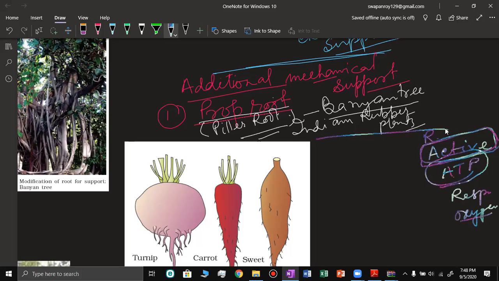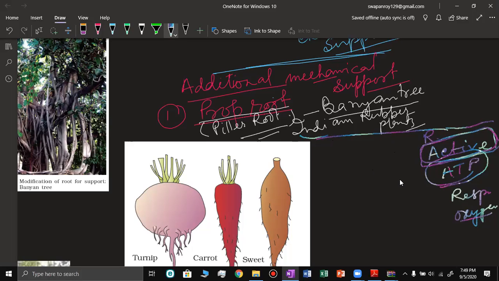The plant always requires oxygen, and from the soil also the root absorbs oxygen. This is why, if you overwater your plant and the soil is always wet, then after a few days the plant is going to die or is not growing properly. This is because when you pour water, the gases come out from the soil.